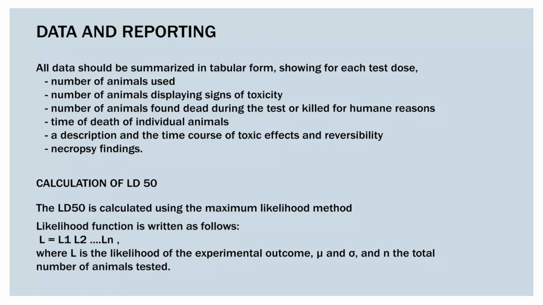LD50 is calculated using the maximum likelihood method, written as follows, where L is the likelihood of the experimental outcomes, mu and delta, and n the total number of animals tested.